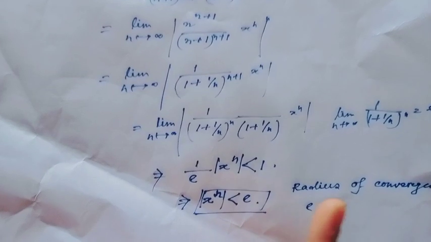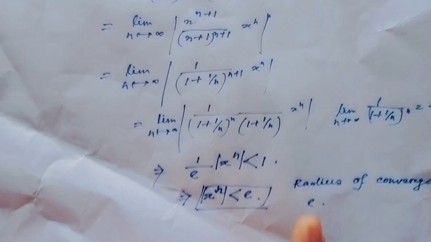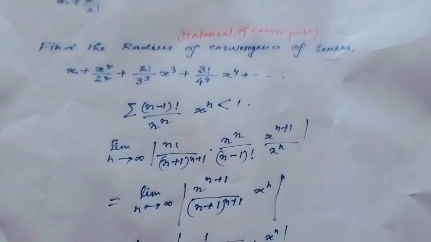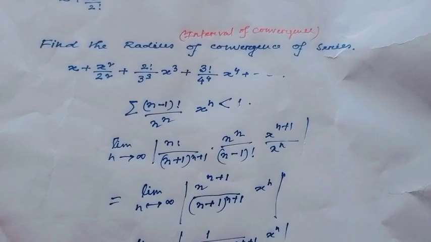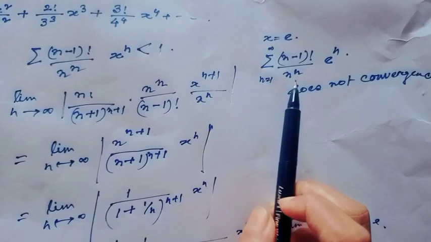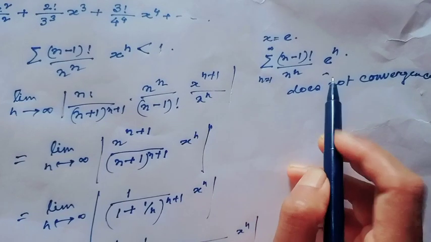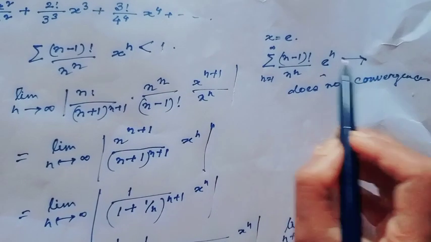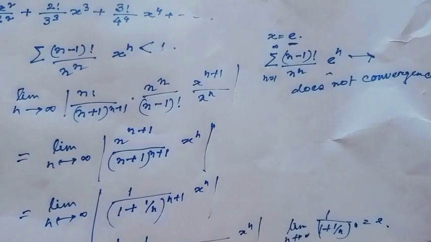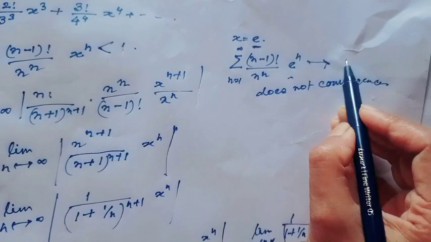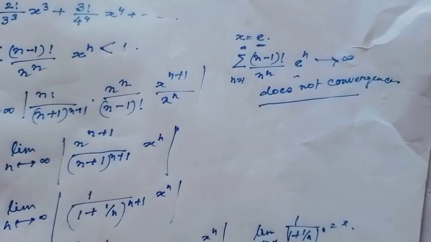Now I will see what the interval of convergence is. That means for which values of x the series converges. This is the given series. When x equals e, the series would be of such type, and for the value e, this series does not converge. This series goes to infinity.